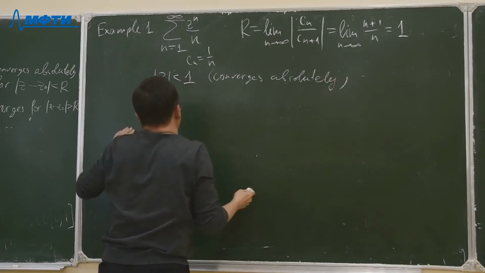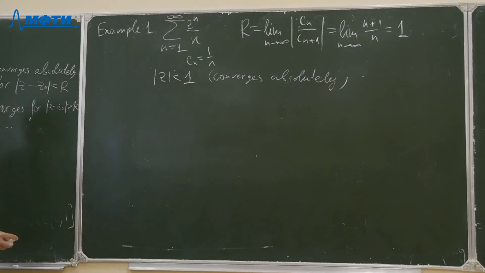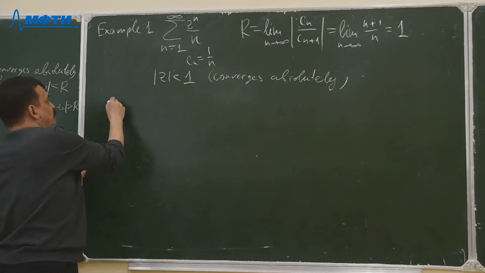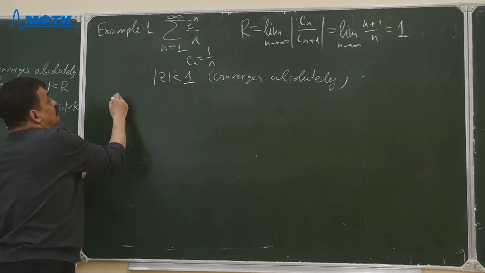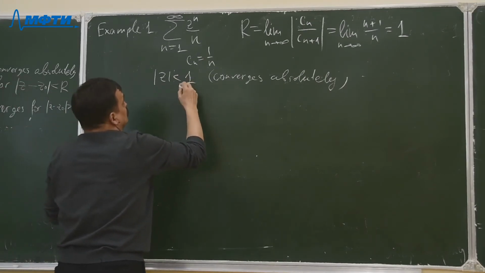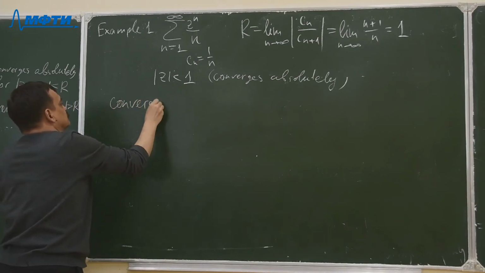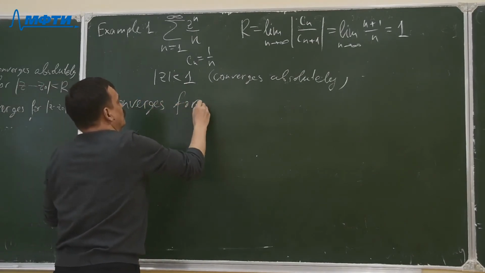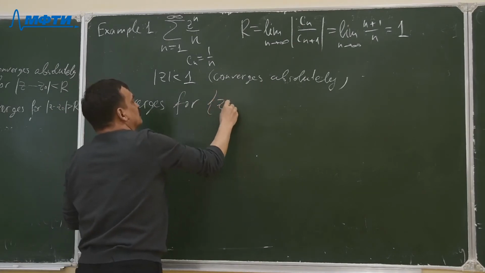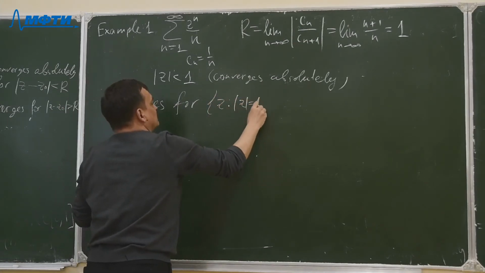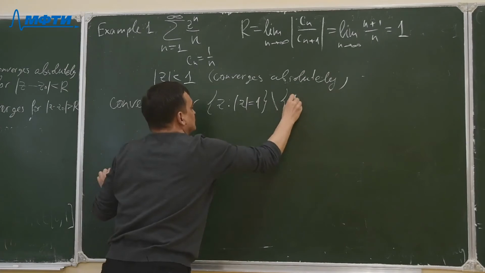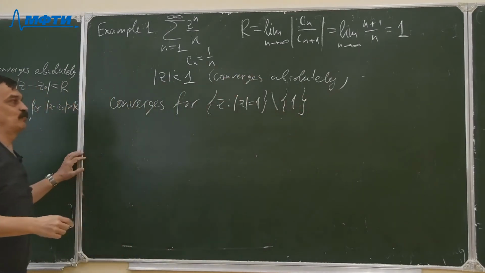But now the question for z on the circle. Surprisingly, our series converges on the whole circle without the point 1 itself.